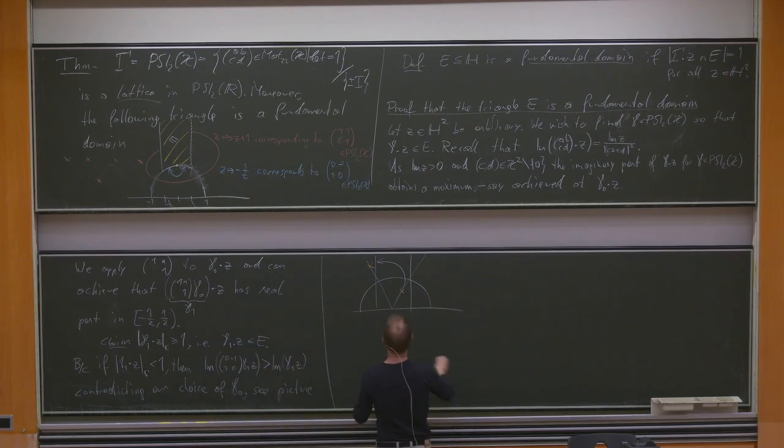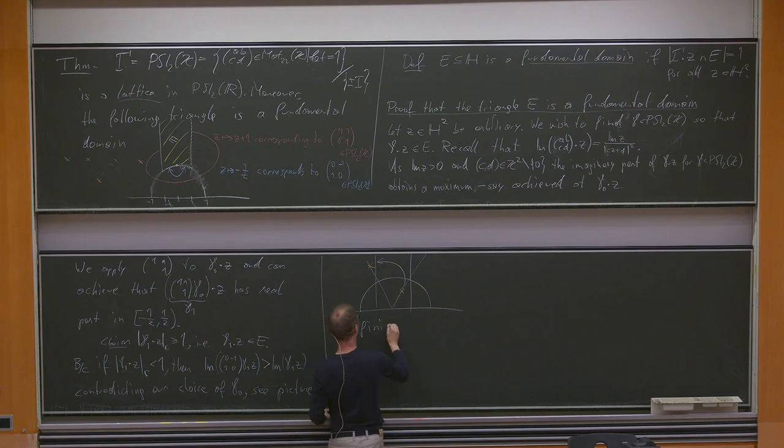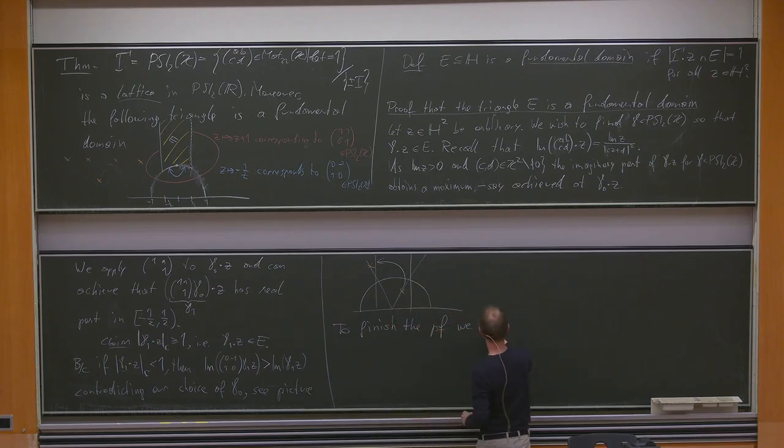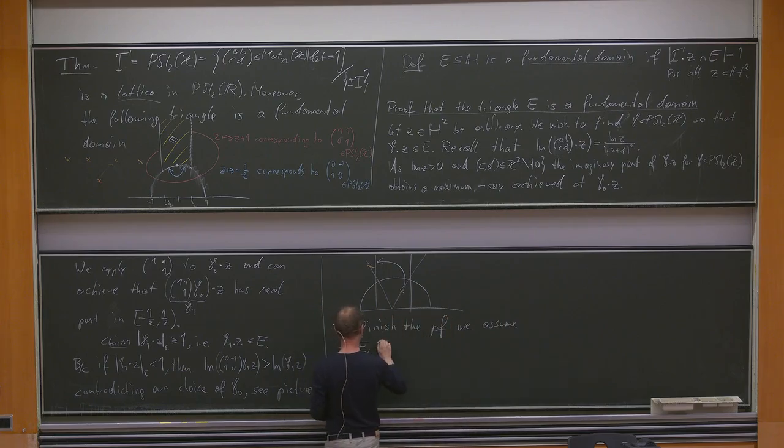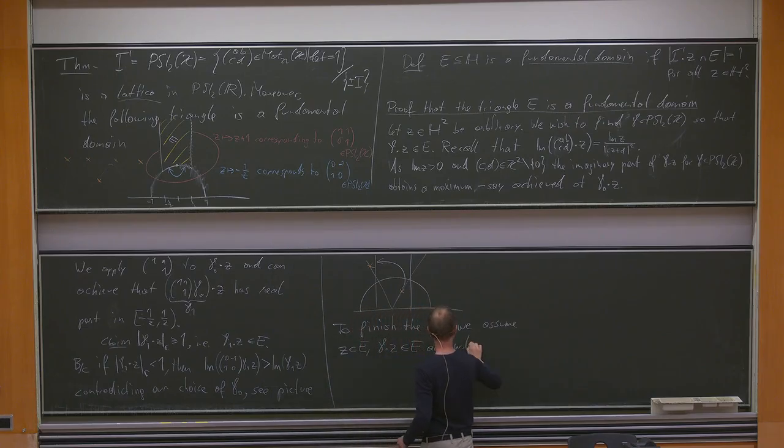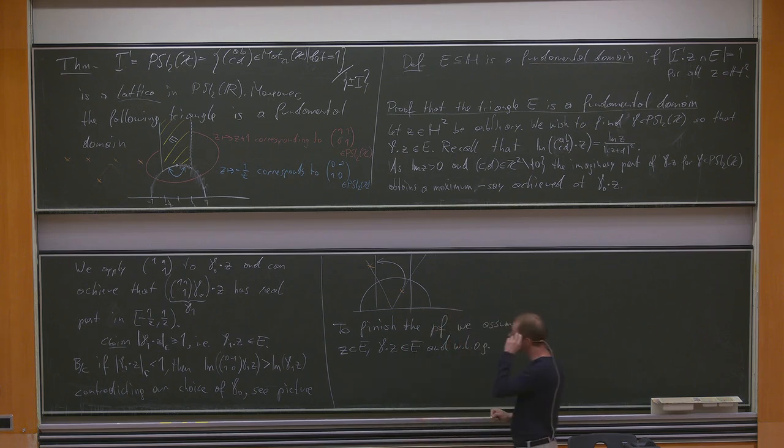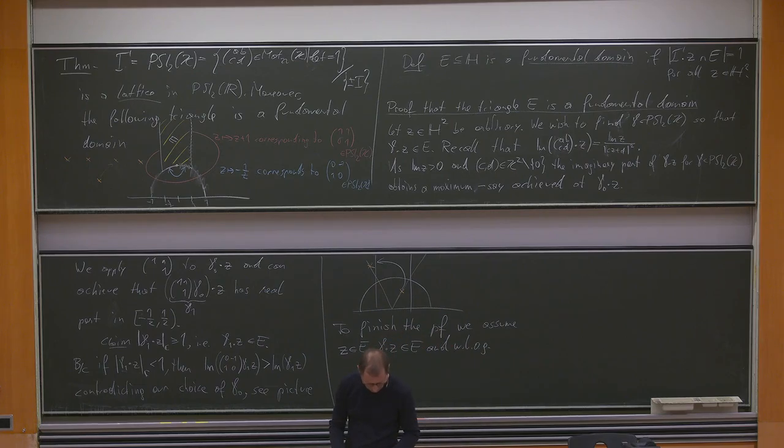Okay. To finish the proof, we assume Z is in E, gamma Z is in E, and without loss of generality, I want to assume that the imaginary part of the second guy is bigger or equal than the imaginary part of the first guy.